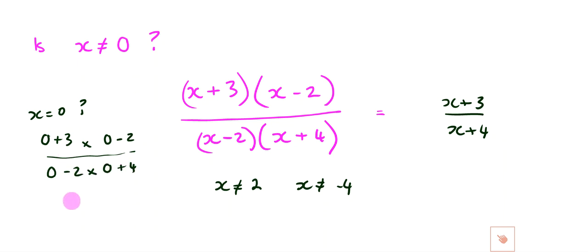So that is 3 times negative 2, which is negative 6, over negative 2 times 4, which is negative 8, which I am perfectly happy with. So x being 0 is not a problem in that case. So no, it's not true that x is always not going to be allowed to be 0. Okay. Alright. Any questions on what we've talked about so far?